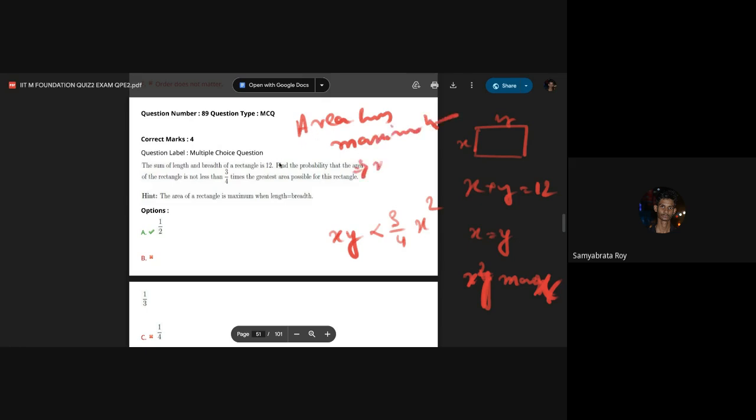That means x is equal to y. Also, x plus y equals 12. The constraint is given. So x equals nothing but 6. Fair enough?